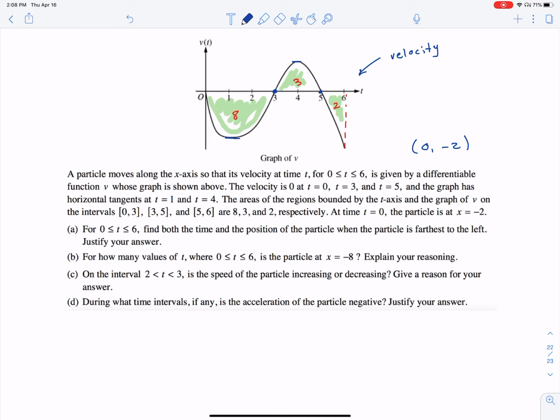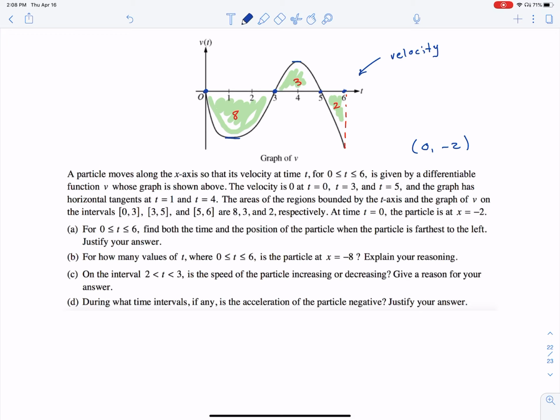We also have to evaluate the endpoints, time equals 0 and time equals 6, right? When we want to find an absolute minimum or maximum, we look at the endpoints, we look at the critical numbers, and then we say this is the largest or this is the smallest. Whichever is the furthest negative is the furthest left, whichever is the furthest positive is the furthest right.